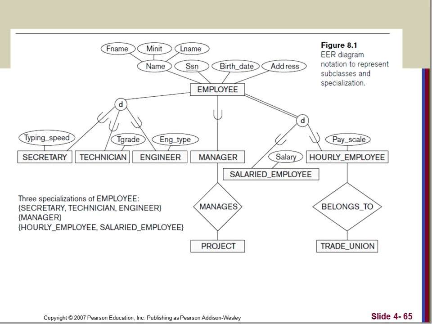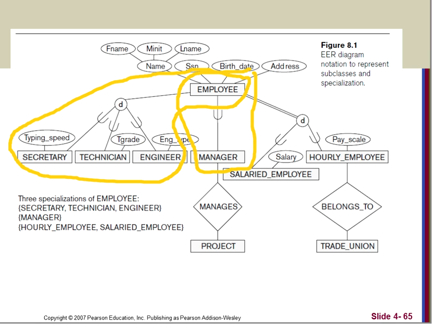So for example, this one is 1 super and subclass. Another one is a second super and subclass, employee and manager. And the third one is employee and salaried and hourly employee. So there are 1, 2, 3 super and subclasses. So that is mentioned here.